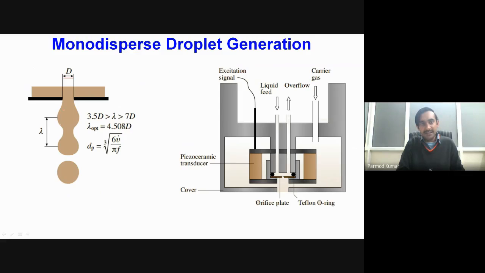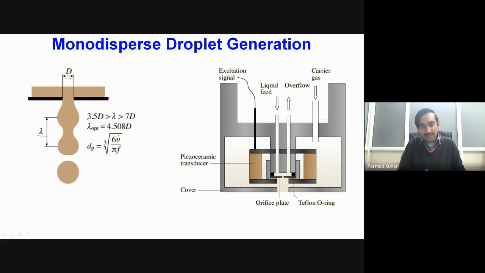In this jet, if we have a pulsed flow situation, if we generate some sort of pulse, then we will have the generation of interfacial waves over the surface of this jet.